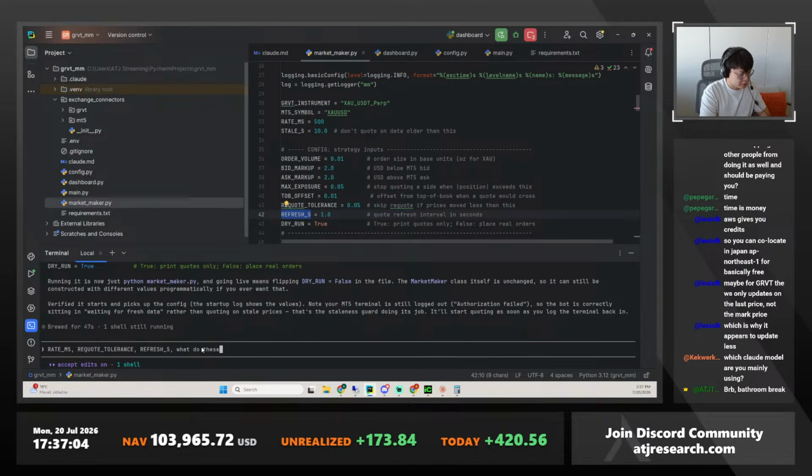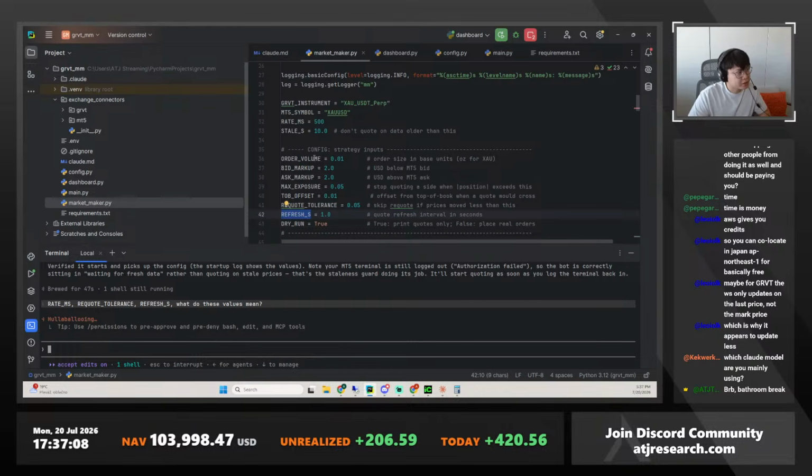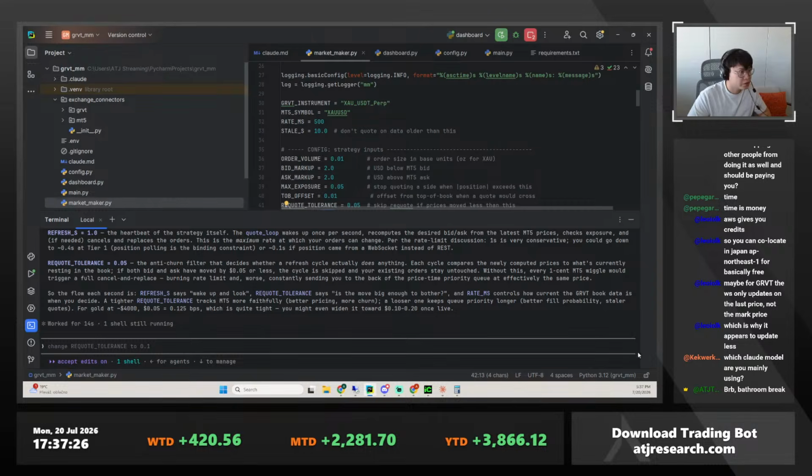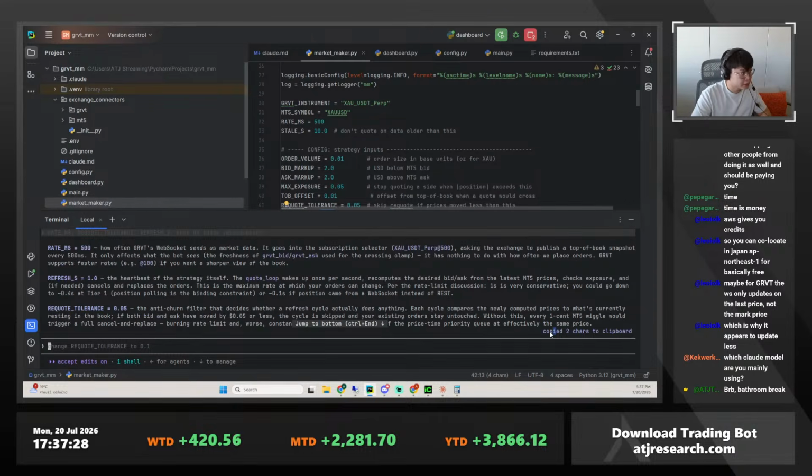I probably know what they mean, but I'm just going to ask to make sure. So I think requote refresh is like how often the limit order should update. So I think it should be maybe 0.25, but we'll see. Here, what we have is how often Gravity's WebSocket sends us market data.